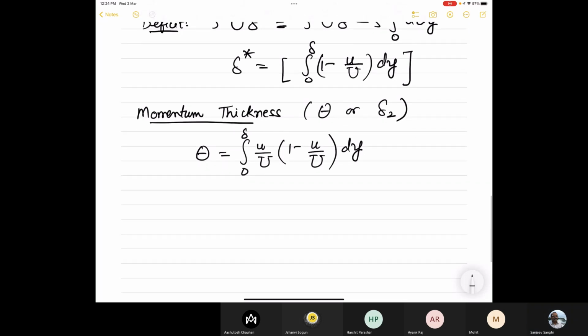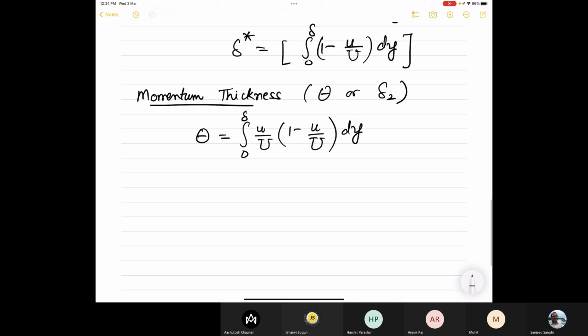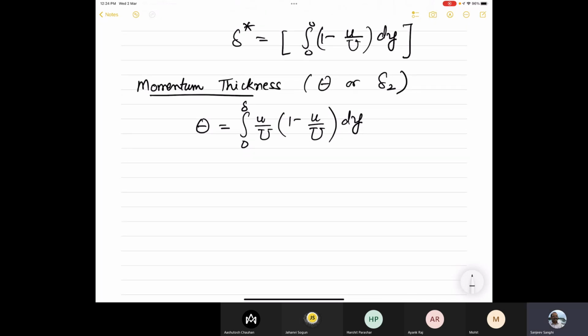Let's see what the motivation for this is. Again, these thicknesses have been defined because they will come in some equation which we will derive later. But I'm starting with these thicknesses and giving you the physical feel for them.